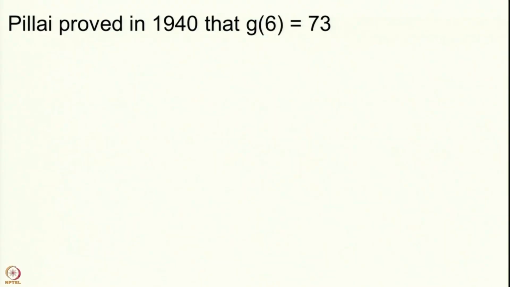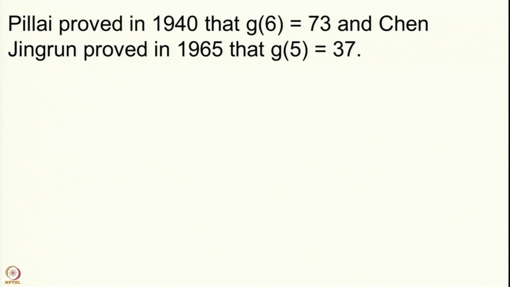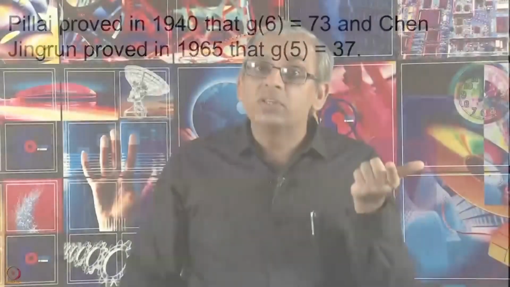Remember, we are looking at G3 and G4; G3 is 9, G4 is 19, there is G5 also in between. Pillai proved that G6 is 73, and in about 25 years the mathematician Chen Jingrun proved that G5 is 37.